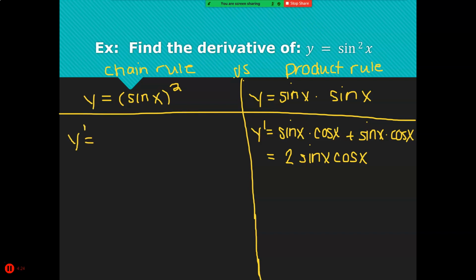So the chain rule says 2, the inside stays, you subtract 1 away from your power, so it's just 1. Then you take the derivative of the inside. Well, what's the derivative of sine? So in the chain rule, you're just done. The derivative of sine squared x is 2 sine x cosine x.